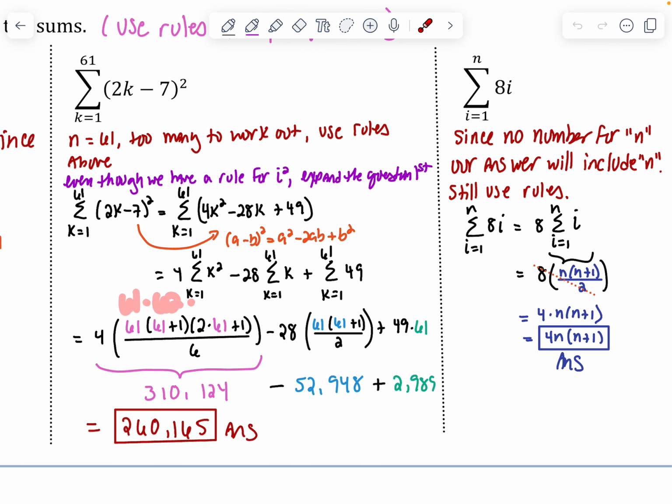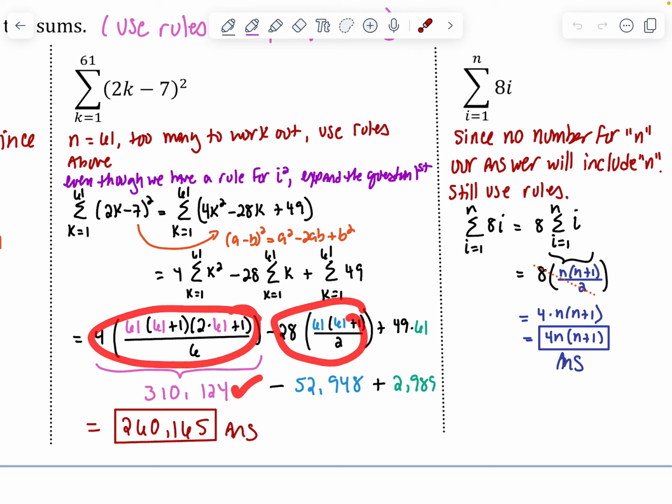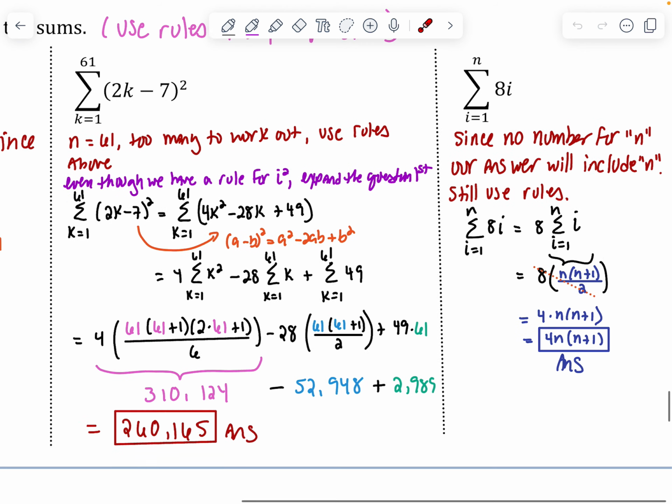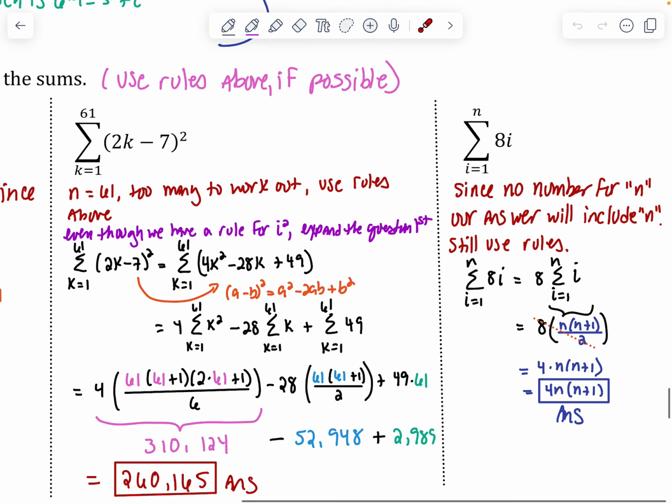So suddenly I'm really looking at 61 times 62 times, this would be what, 123. So I can work this out to get each term and get a final answer.